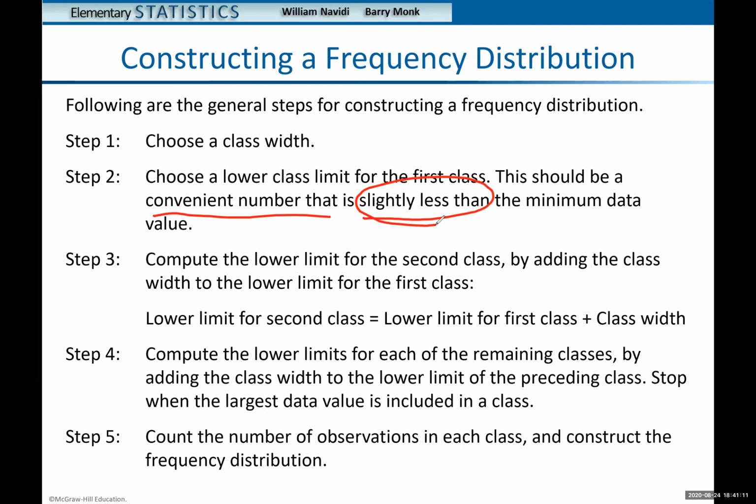Step number three, compute the lower limit for the second class by just adding the class width to the lower limit of the first class. Then compute the lower limits for each of the remaining classes. You only stop when the largest data value is included in the class. Then count the number of observations in each class and construct the frequency distribution.